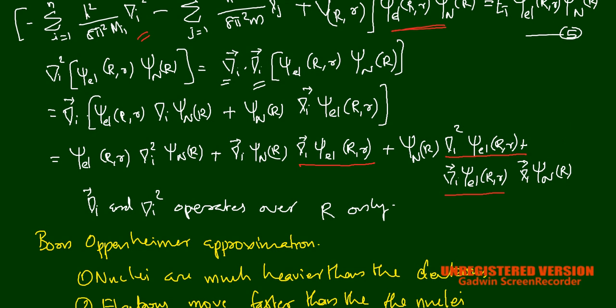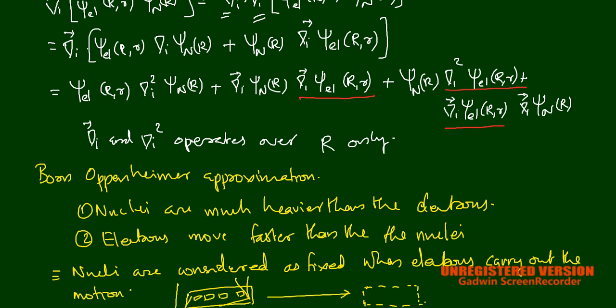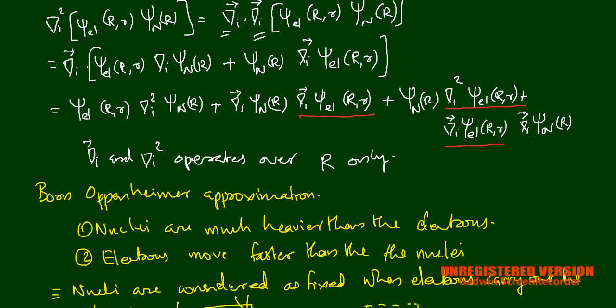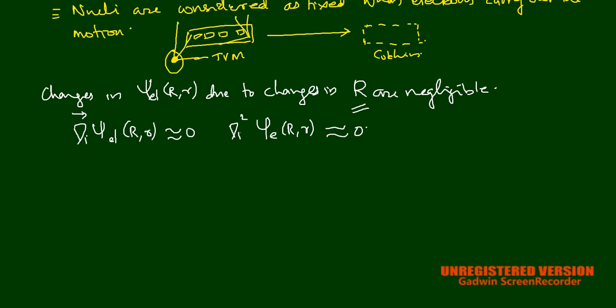So now we can write simply that del I square ψ electronic RR ψ n r is equal to only the first term.